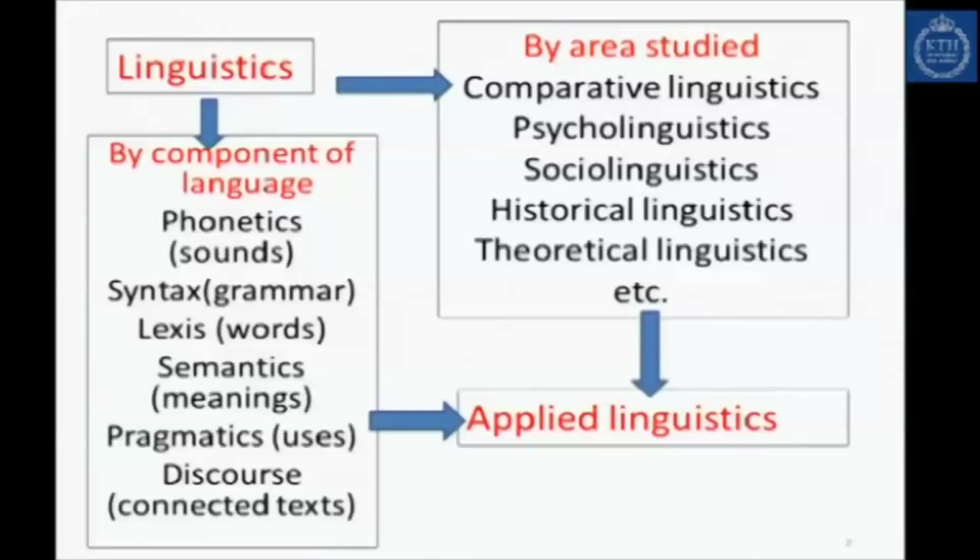So, what is linguistics? Linguistics studies language, and we can study language at a variety of levels. We can study the sounds, the syntax, the way sentences are put together, the words in the language, and the meanings which the words and the syntax together produce. We can study the way that language is used.